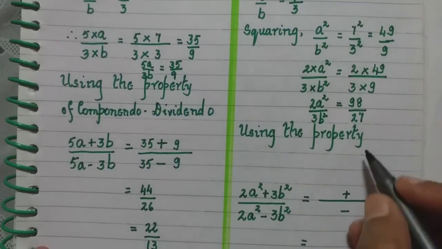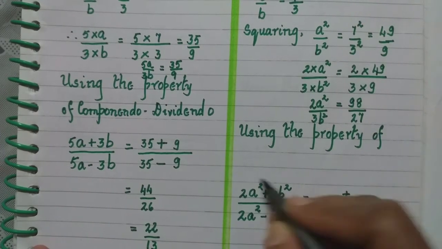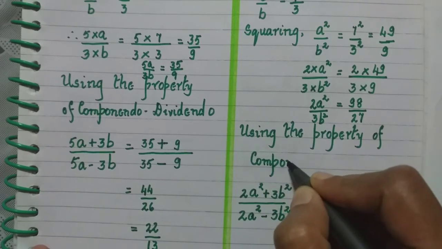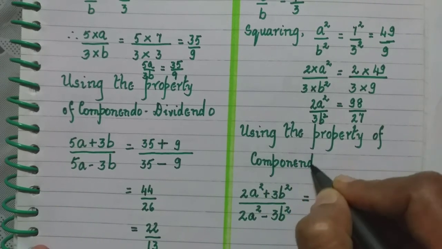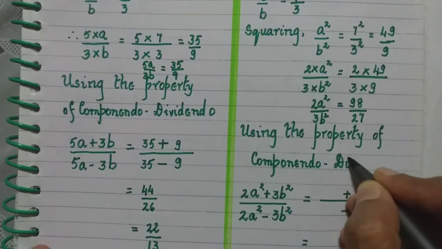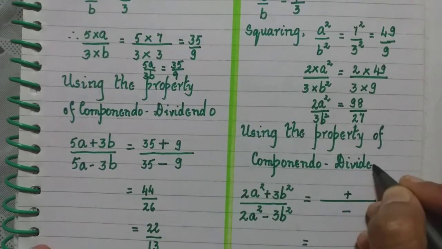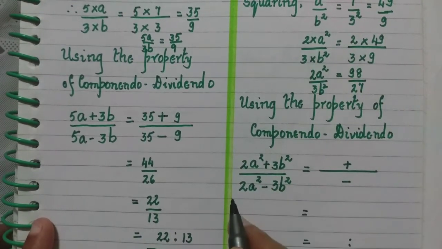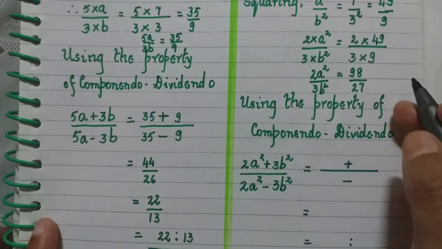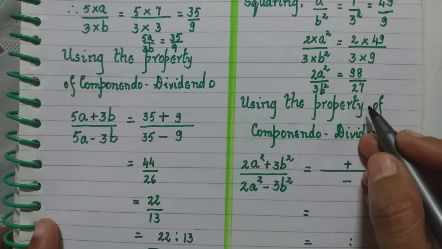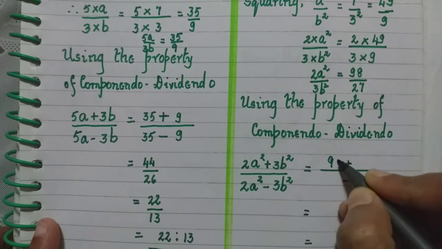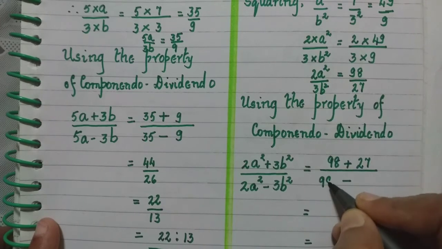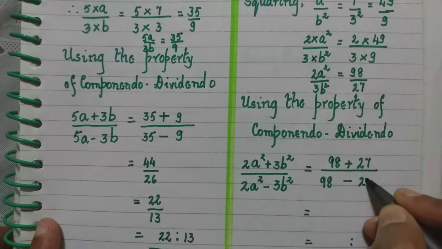So using the property of componendo dividendo, 2a square plus 3b square upon 2a square minus 3b square will be 98 plus 27 upon 98 minus 27.